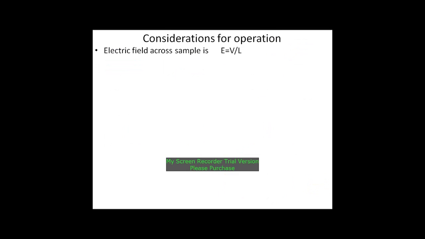So there are some considerations for operation that must be met. The first one is, when we apply this electric field across our sample, the electric field is equal to the voltage that we apply across our sample divided by the sample's length. If we rearrange the variables, the voltage is equal to the electric field times the length of the sample.